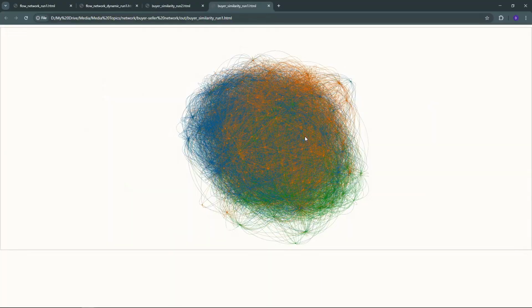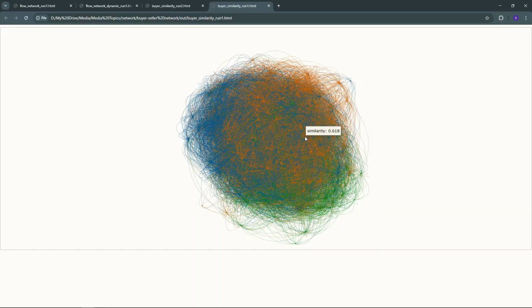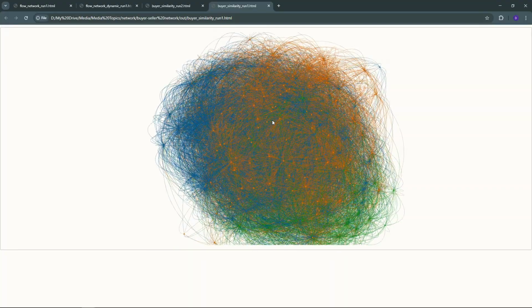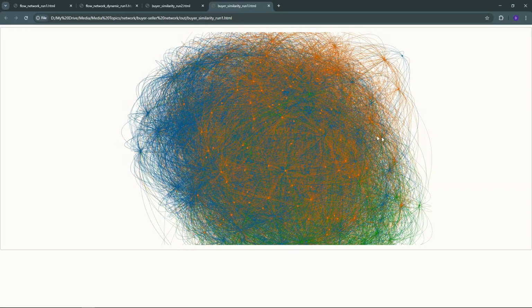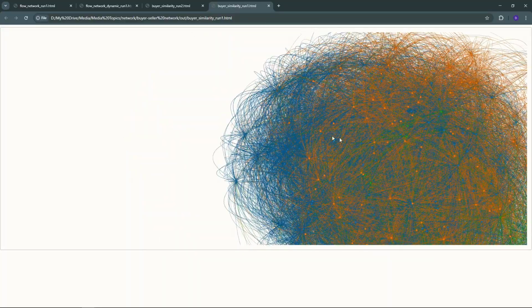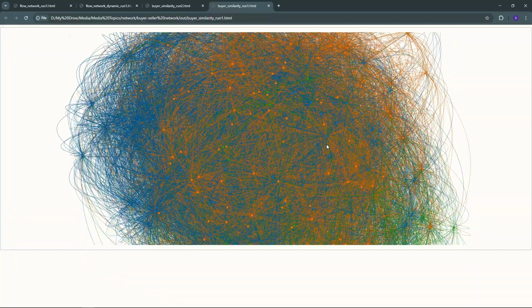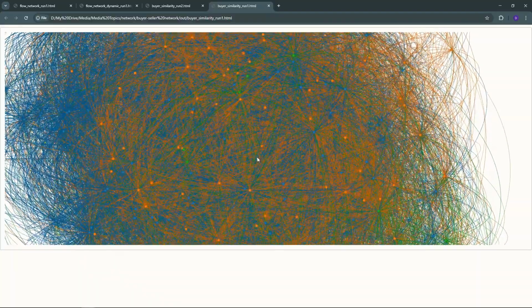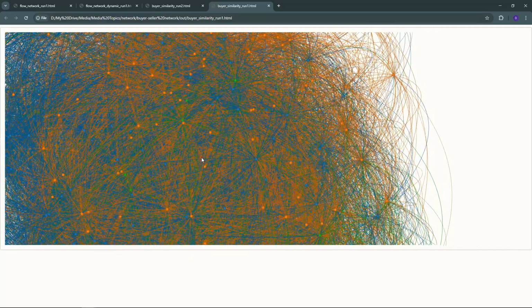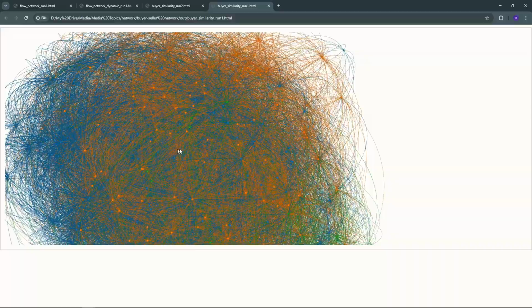Now, if you run your data with a much larger number of nodes and edges, buyers and sellers, then you're going to have something as chaotic as this, right? This is a very large network where nicely we can visualize what's going on. You can navigate, zoom in a little bit slower to see what's going on. So that is the buyer similarity in a much larger network.